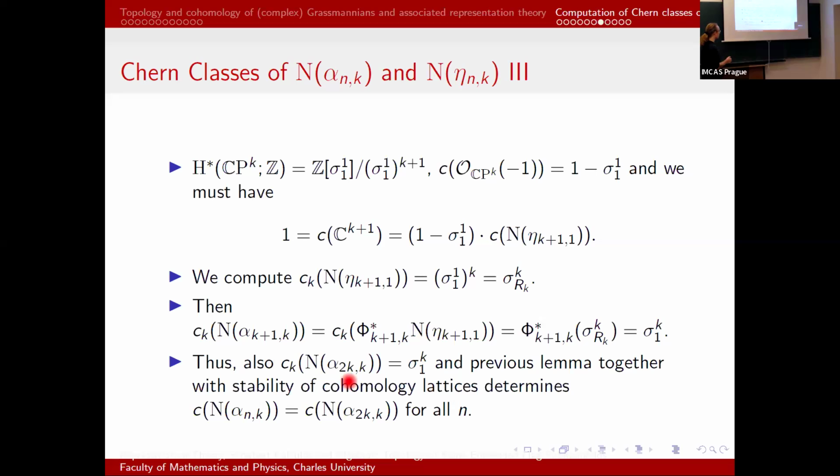Then by the previous arguments, also the kth Chern class of n alpha 2k, k must be sigma 1^k. And the previous lemma, together with the stability of cohomology lattices, determines that the kth Chern class of n alpha n, k is sigma 1^k for all n, not just 2k and k plus 1. This concludes the proof of point A of the theorem.